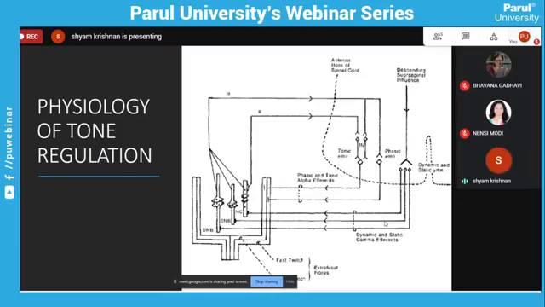Now when you look at tone, you have to understand that various factors influence the input into the extrafusal muscle fiber, or the alpha motor neuron activity of the muscle. Take the biceps, the part of the muscle which you see bulked up when you exercise: consider that as the extrafusal muscle fiber.